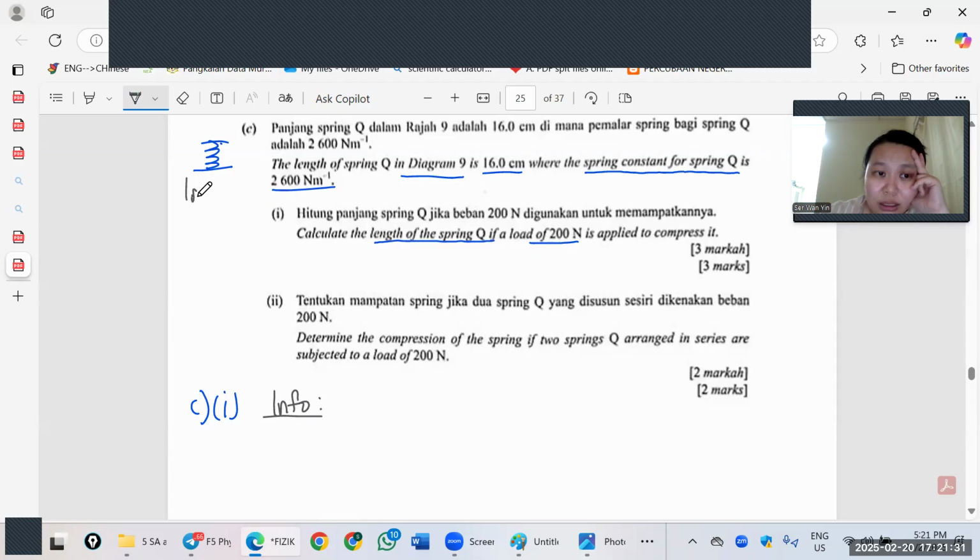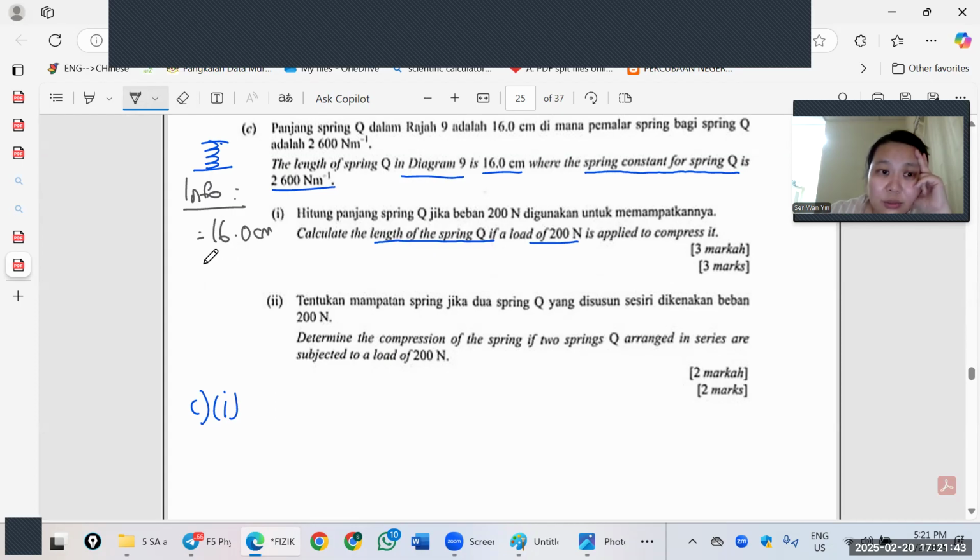Or you want to write here, okay? I encourage you to write info first. So 16 cm is, spring constant is, calculate the length of the spring if the load 200 Newton.